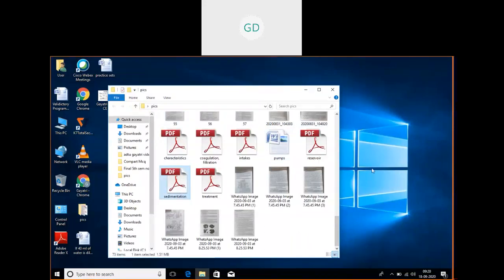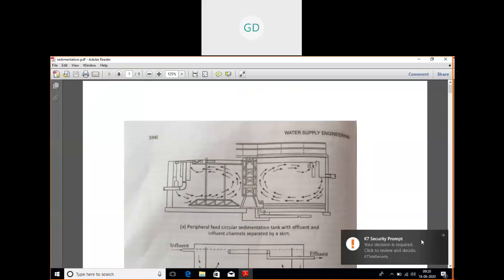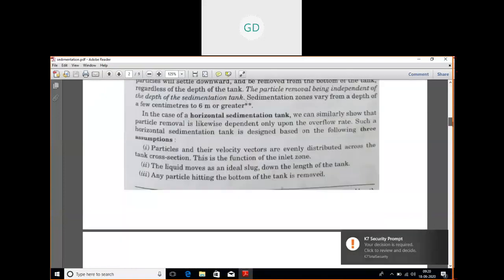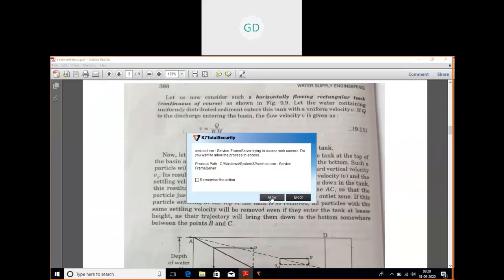So last class, were we doing the design concepts of plain sedimentation tank, if I'm not wrong? We were in the middle of the design concepts. Yes or no?